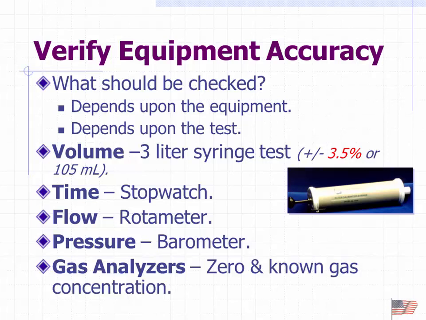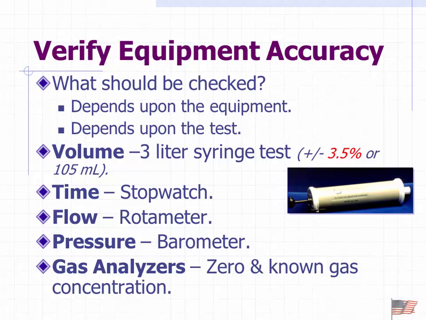We're going to make sure that the value is plus or minus 3.5%, which works out to about 105 milliliters. So if I have a 3-liter syringe, a volume of 2.92 is within that 3.5%.